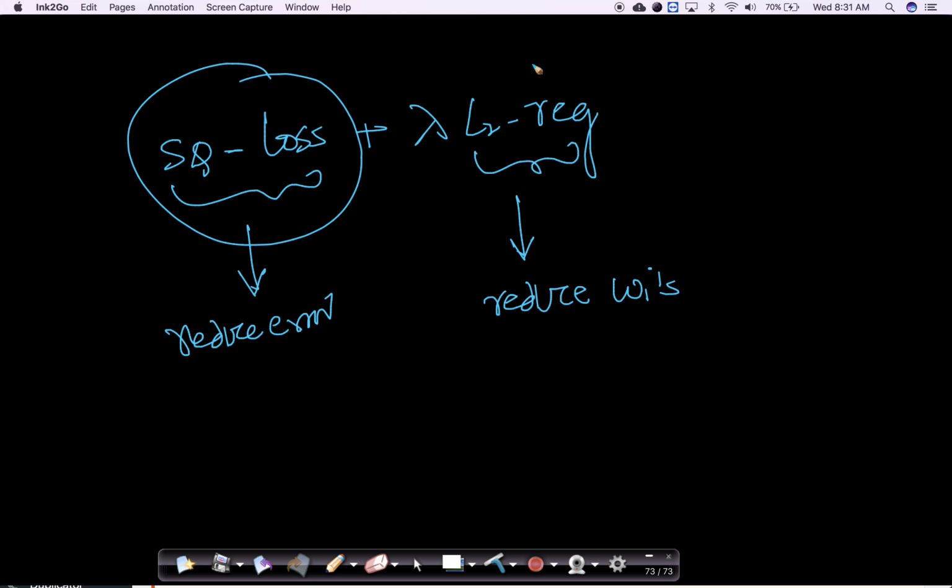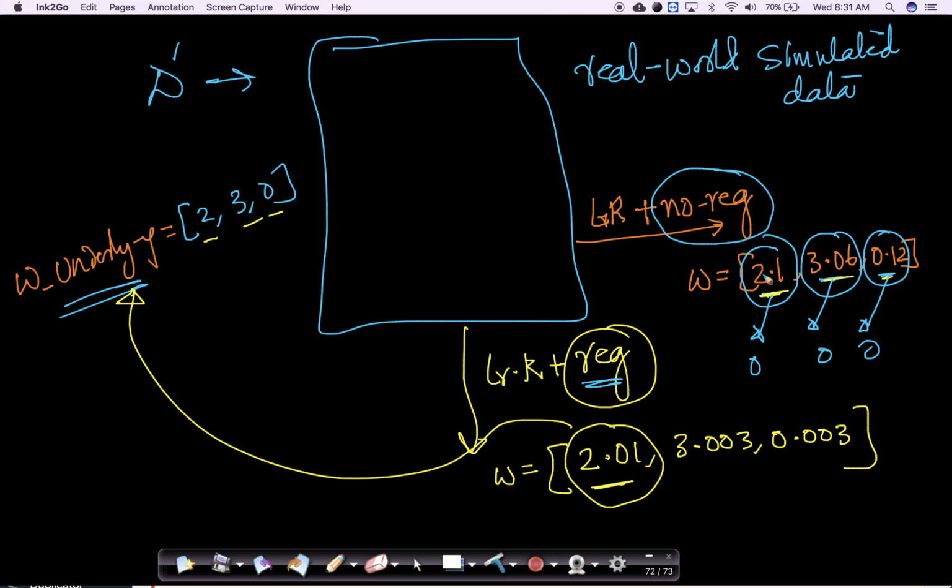In this tug of war, when you introduce regularization, these values are not just minimizing squared loss, they're also being forced to be as small as possible. You tend to get values which are closer to the underlying weights in the simulation. I hope this becomes clearer now.